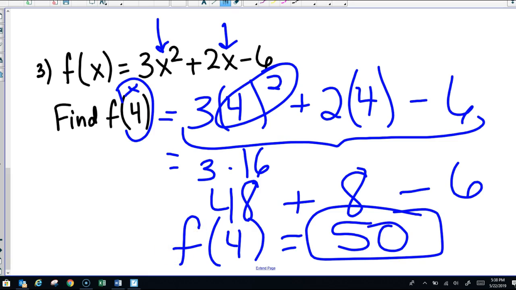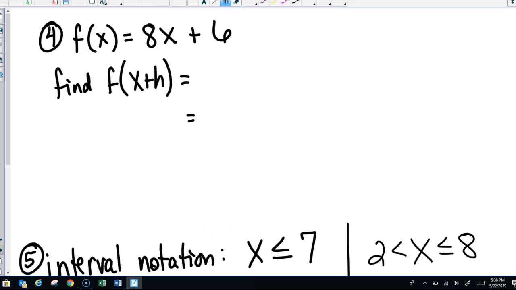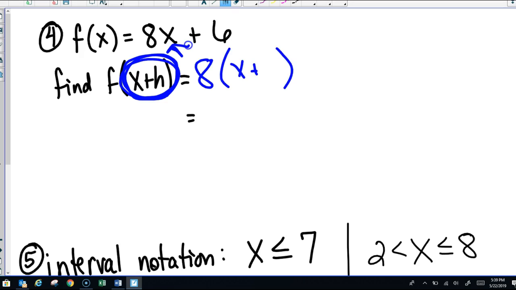Okay? Alright, now on this one, it's the same idea, but we are plugging in an expression. The whole x plus h is having to go right here for that x. Alright, so plug in the whole x plus h. Whoops. My goodness.